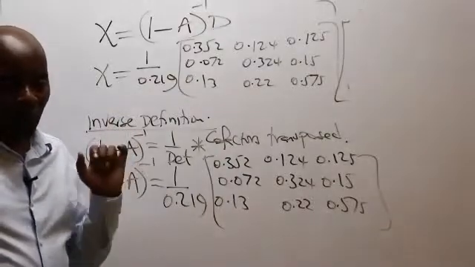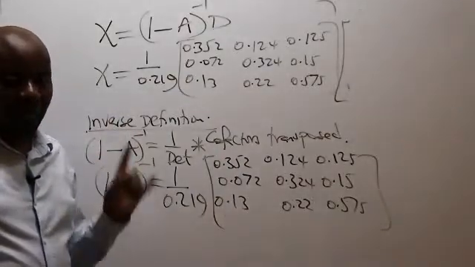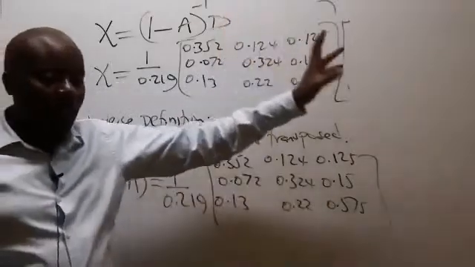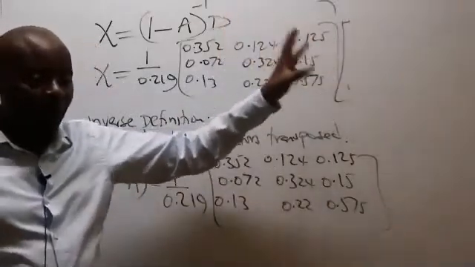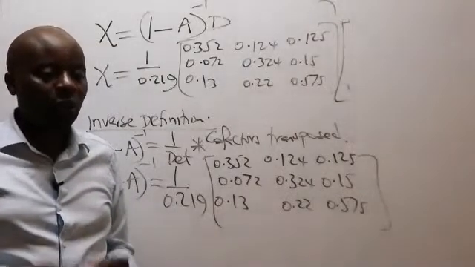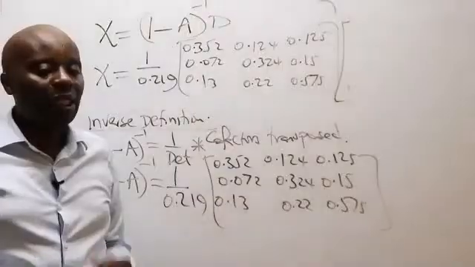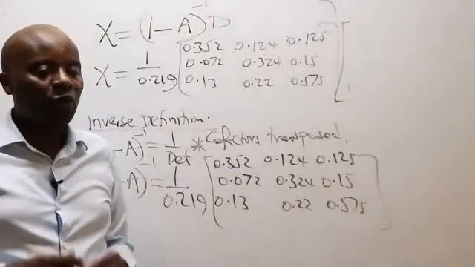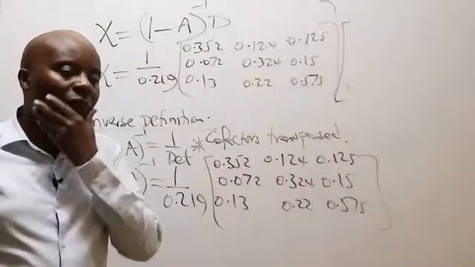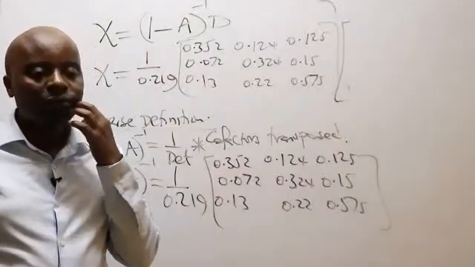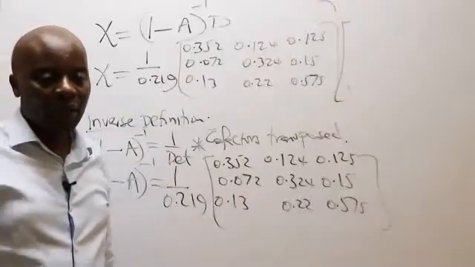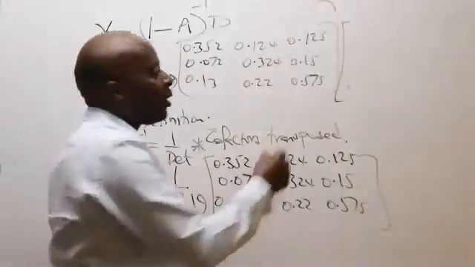So I would expect a good student to come and give me this matrix D, the final demand. Is there somebody who has those figures who can remind us very fast? Thank you very much. 60, 90, 100.